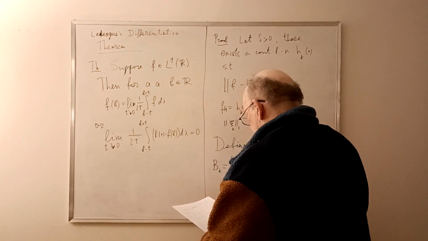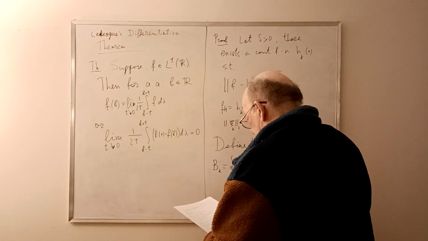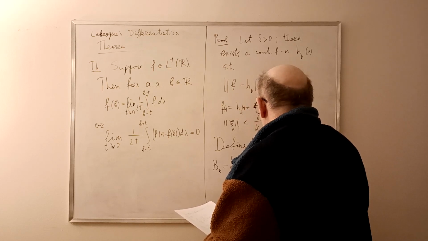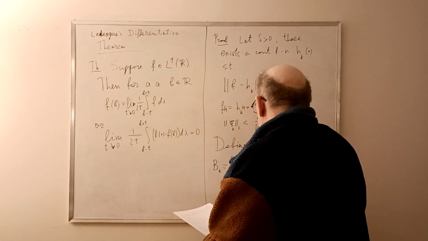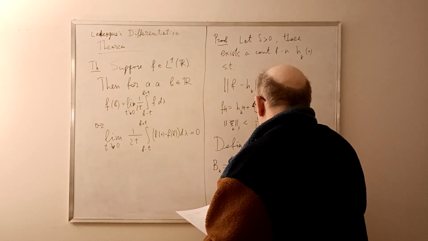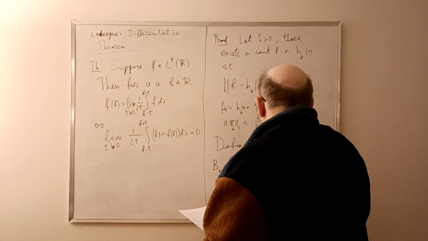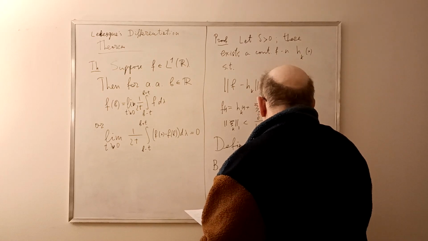the modulus of psi k star of x is less or equal 1 over k.